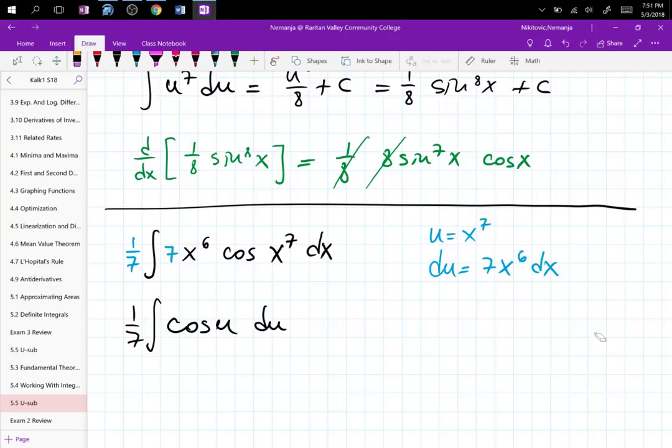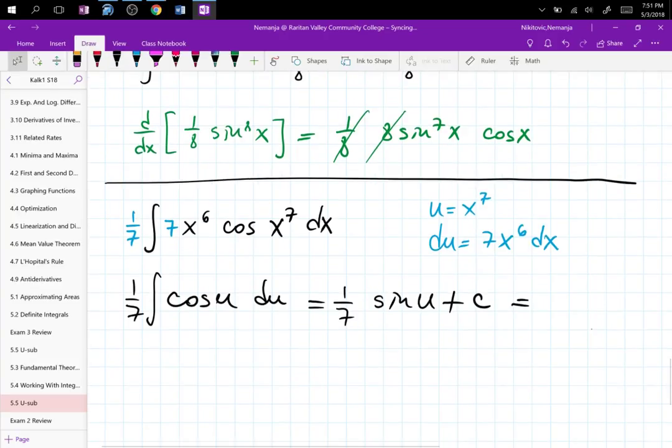What's the integral of cosine u? Sine u plus c.